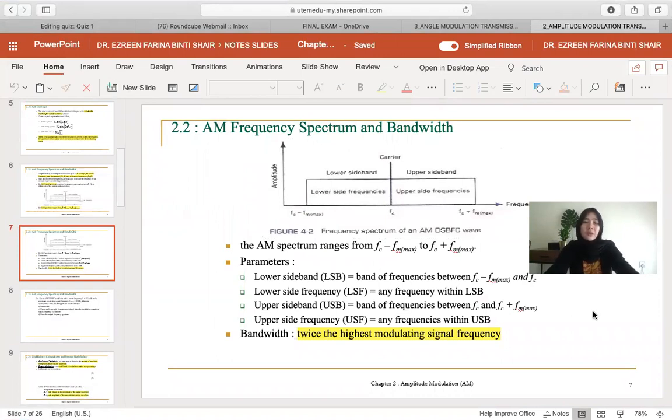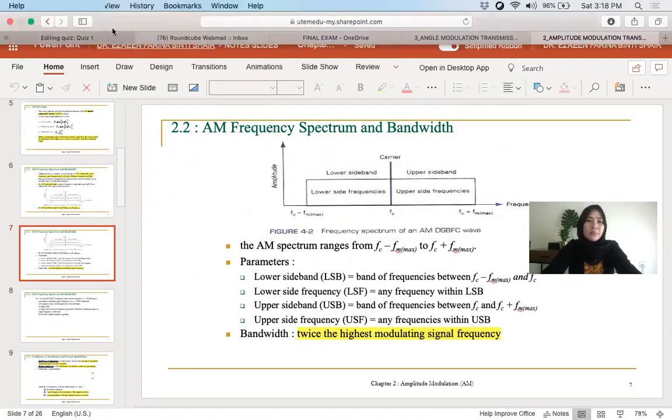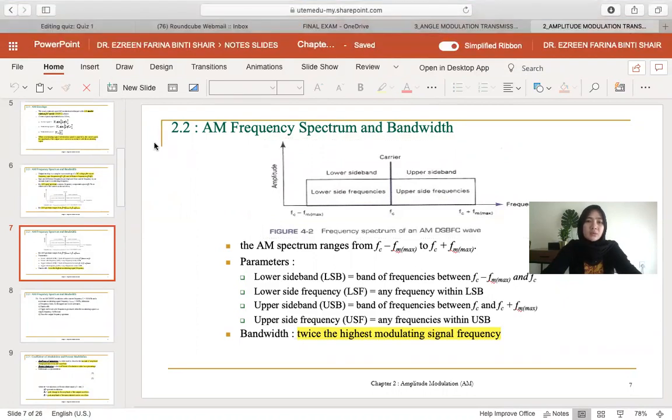For the output of the amplitude modulation, you have a carrier frequency in the middle and only one pair of side frequencies, the upper side frequency and the lower side frequency, if you have one modulating signal.